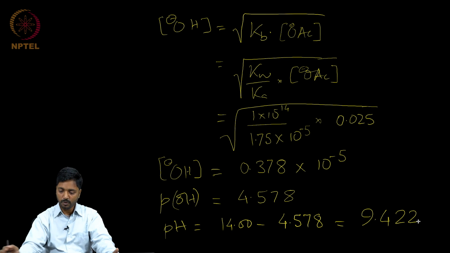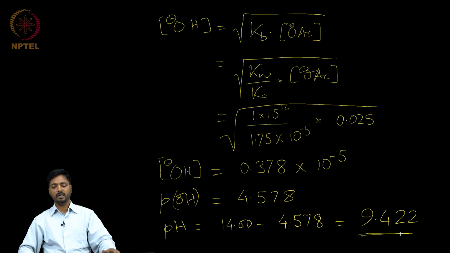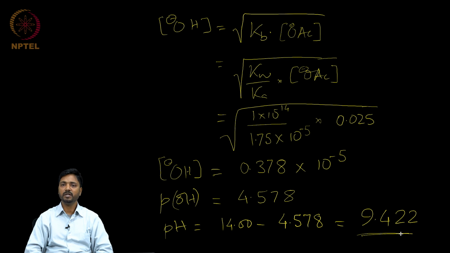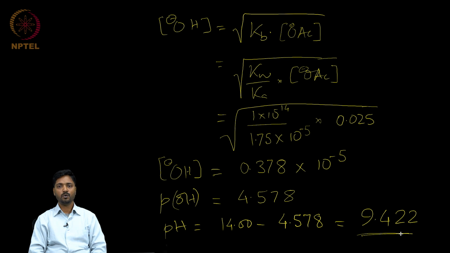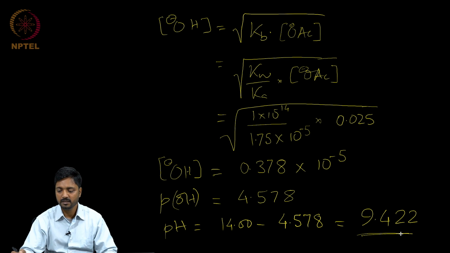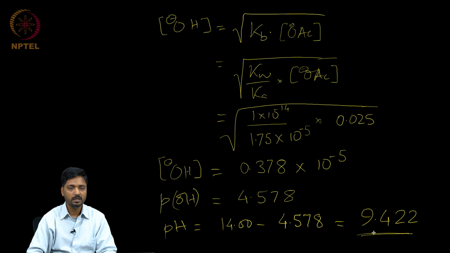So, it is important to note here that the pH at the equivalence point for this system is quite basic. So, we should be able to use, say, phenolphthalein as our indicator in this case, and at equivalence point the pH value turns out to be 9.422.